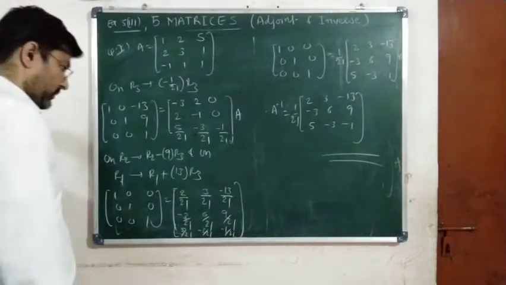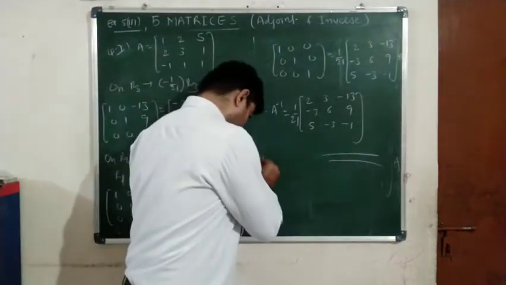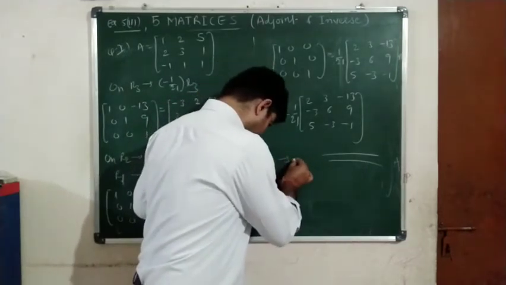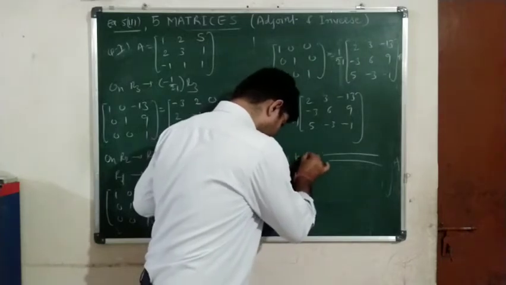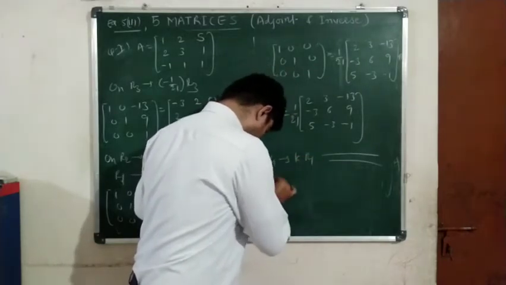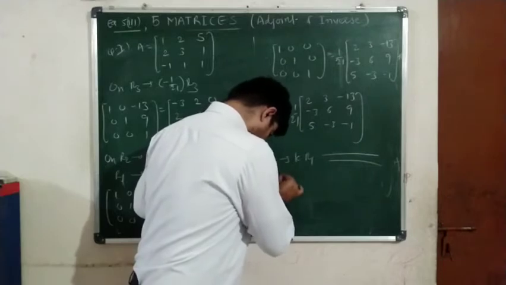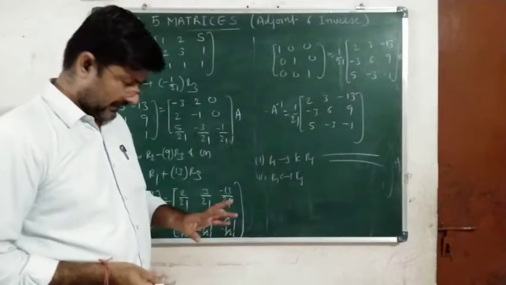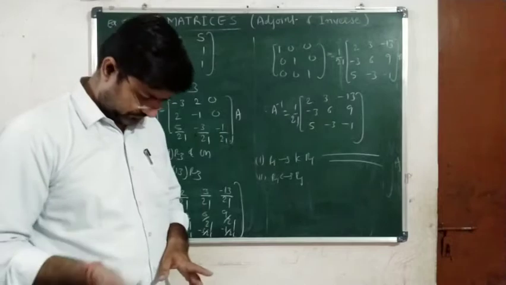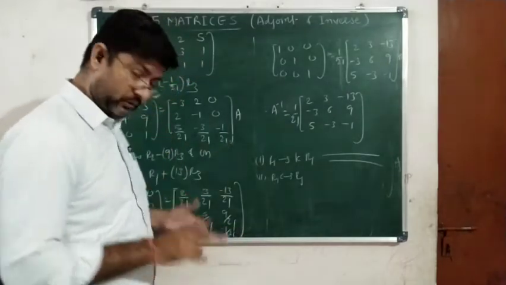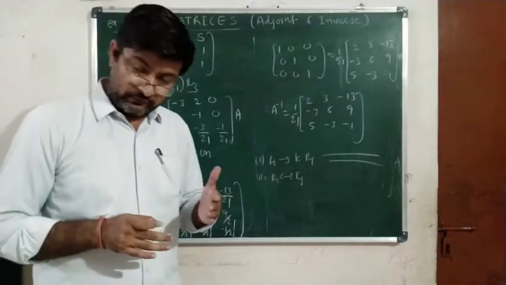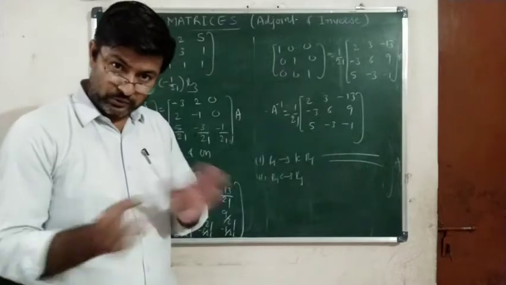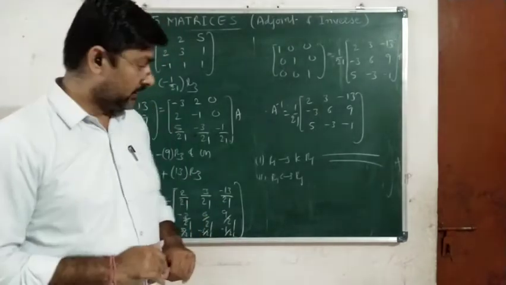Okay, 3 elementary row transformations we are carrying on. The first one is Ri to k into Ri. Second one is Ri to Rj, or Rij, interchanging any two rows, only rows. Remember the important thing: if you are taking elementary row transformations, then we will use the 3 row transformations only. You are not going to make any changes column wise. Clear?